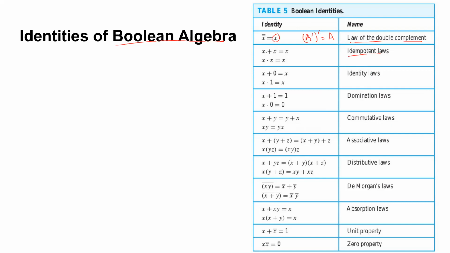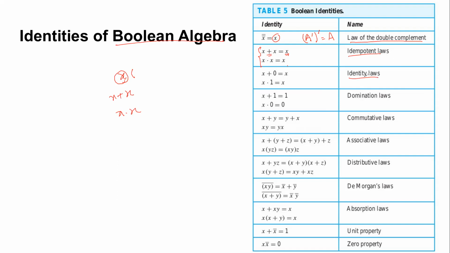That is, if you take a Boolean sum of similar variables, it's going to give you the variable back. Same thing applies for the Boolean product. It's a very important law to use, because sometimes when you need to prove something, you can simply replace this x by either a Boolean sum or Boolean product depending on your need. So the idempotent law is very important in that sense.